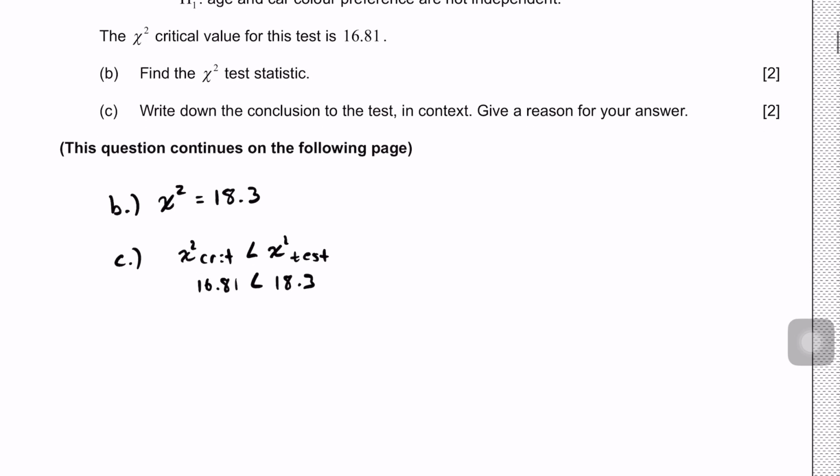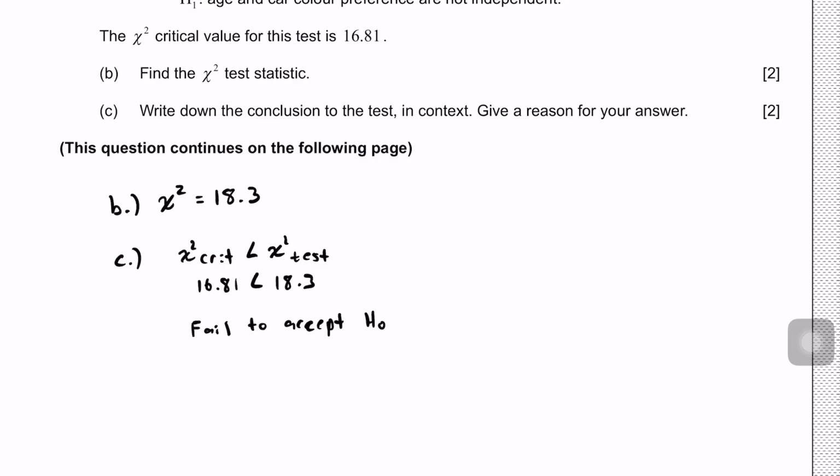So what would we do? We would reject, or, a little more technically proper, we fail to accept the null hypothesis.